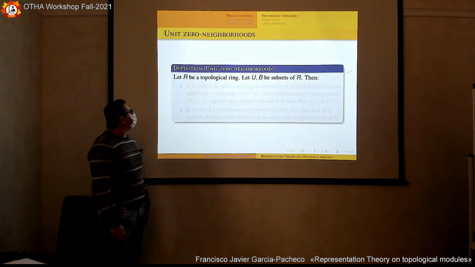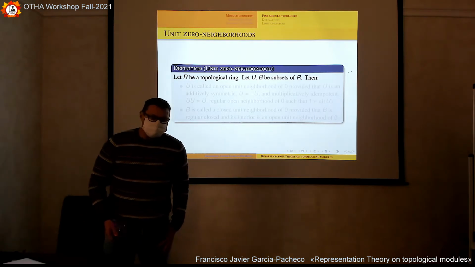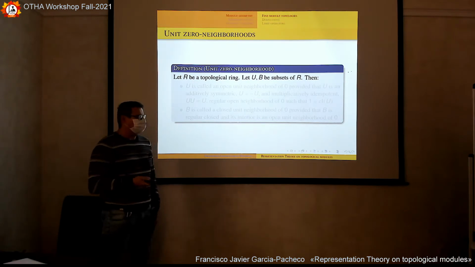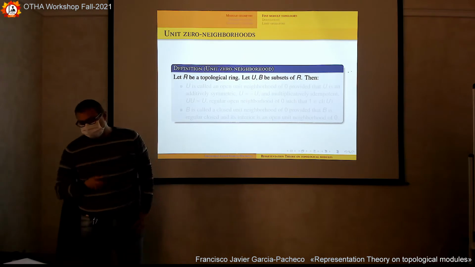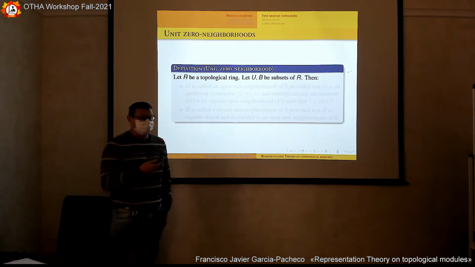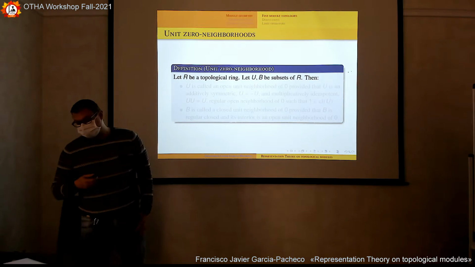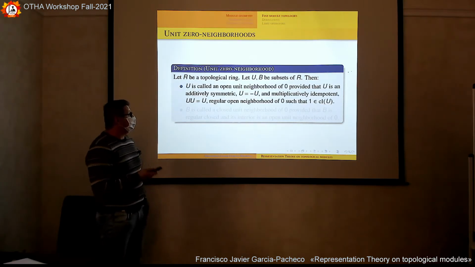Well, we started defining unit zero neighborhoods because in order to transport the geometry of topological vector spaces, which relies so much on the underlying field, which is the real or complex field, we need to extend the concept of unit ball to rings and models.